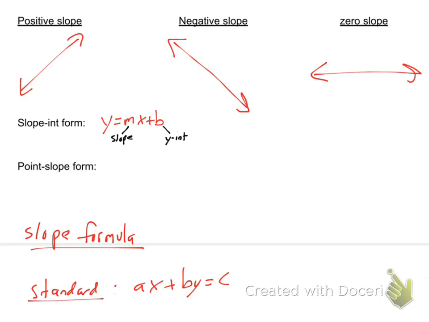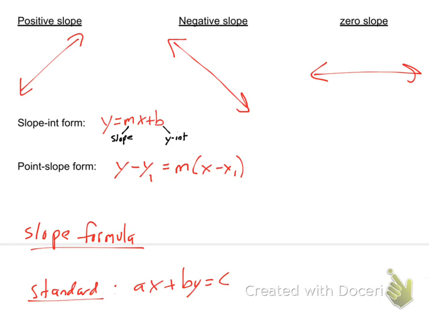Okay, go back up to point slope form. Isn't that like x2 minus x1 over y2 minus y1? No, that's a formula, that's closer to the slope formula. Point slope: y minus y1 equals m times x minus x1, where m again is the slope.